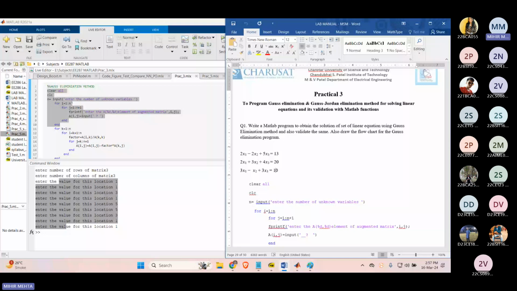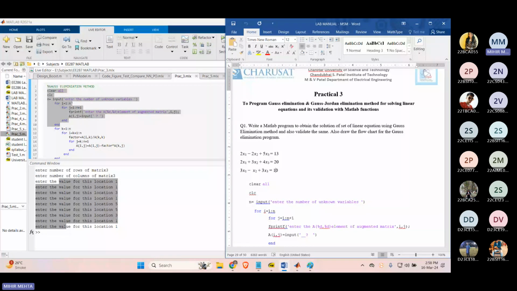Or what is i representing and what is j representing? Yes, anyone? Rows and columns respectively. Yes, rows and columns. Your i is representing the number of rows, whereas j is representing the number of columns.